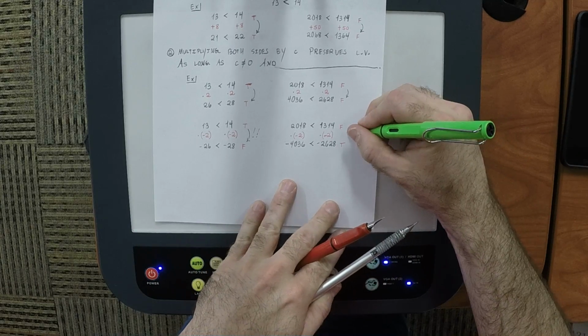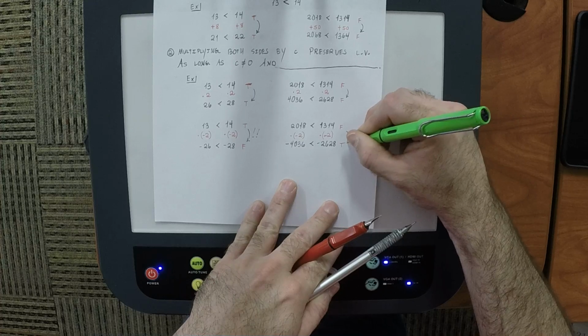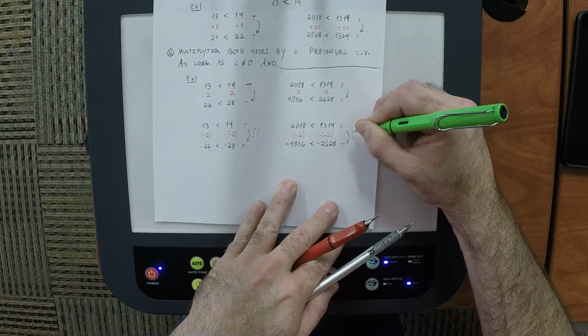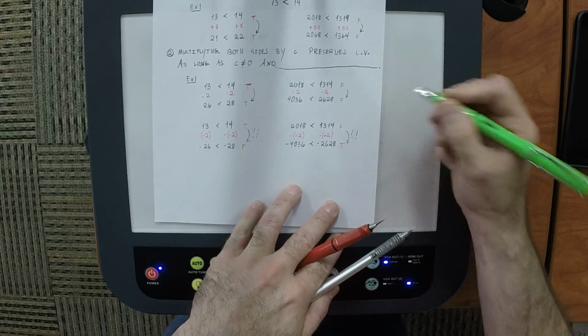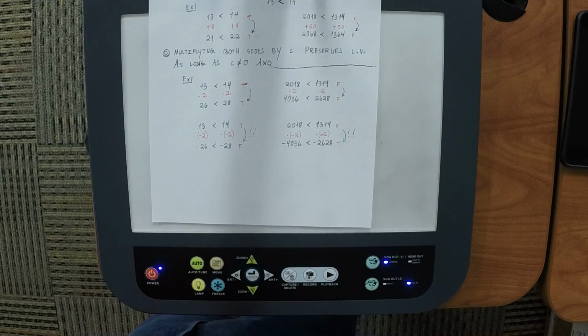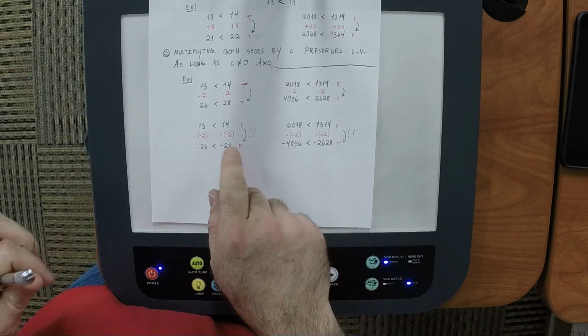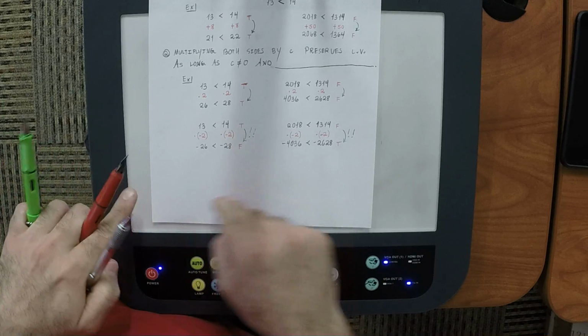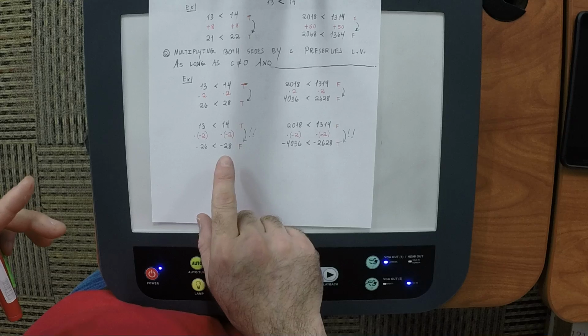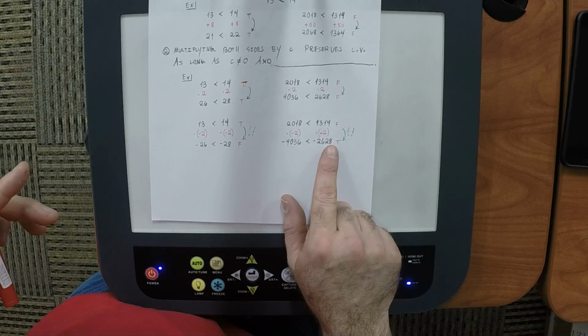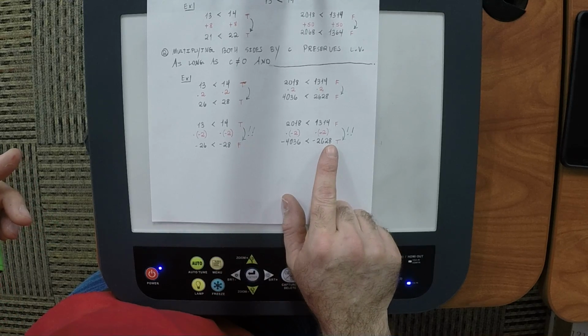And again, I want you to see that in both cases, what happened is that the logical value flipped. In this case, from true to false. In this case, from false to true.